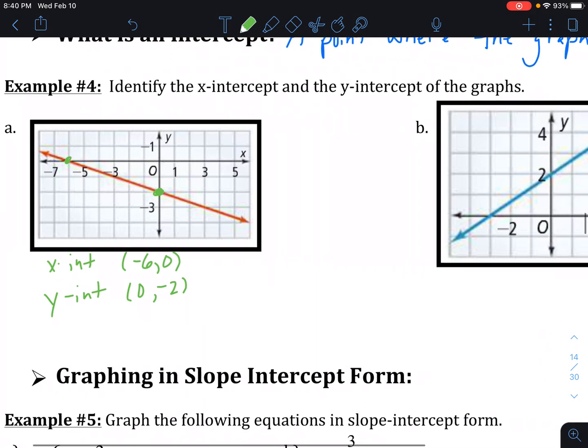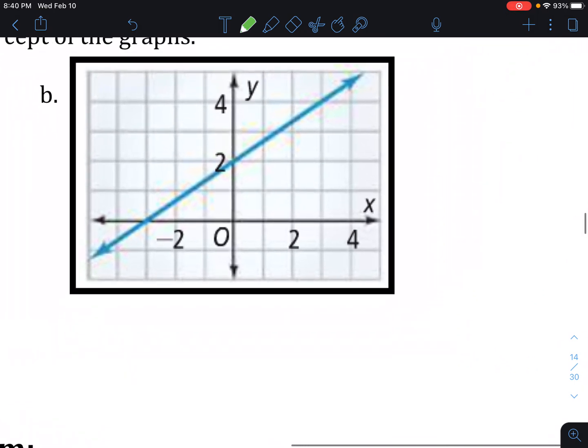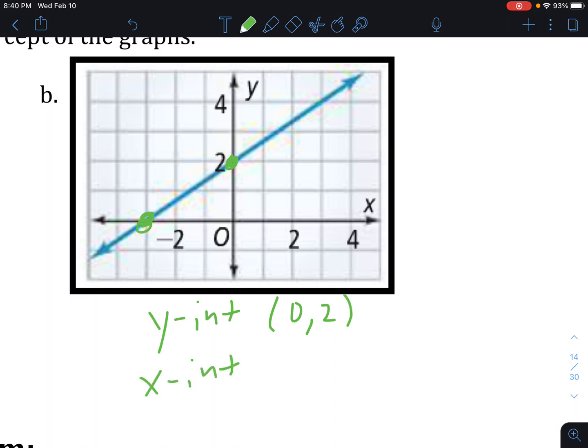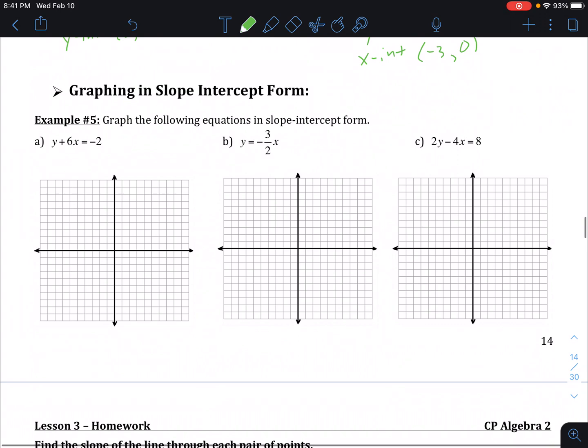It just says identify them. In letter B, the y-intercept is 0, 2, and the x-intercept is here. That is the point -3, 0.